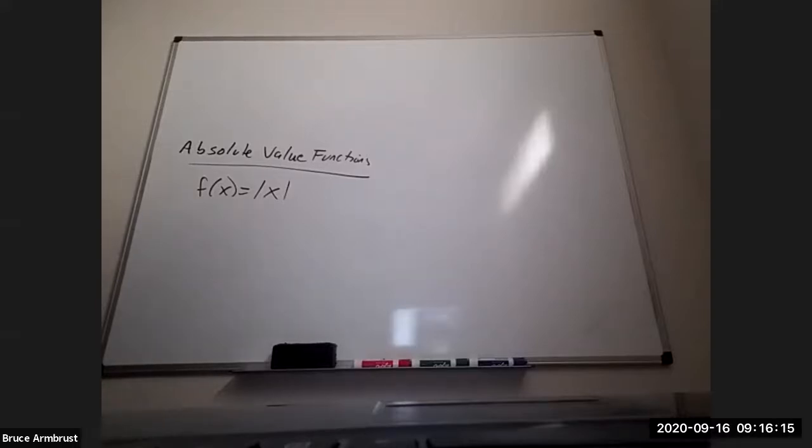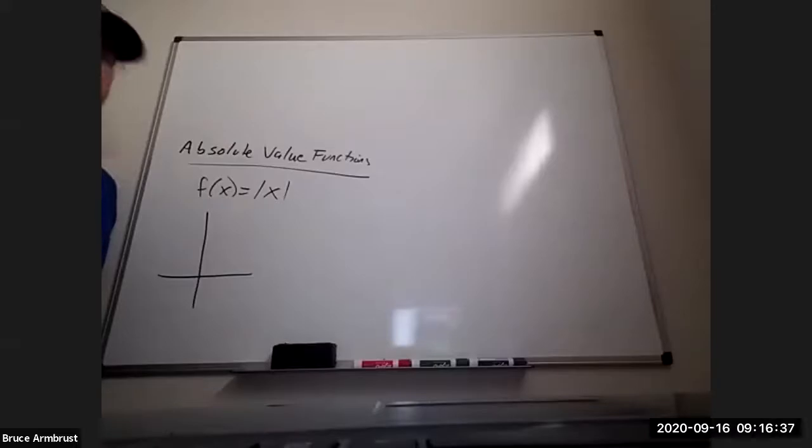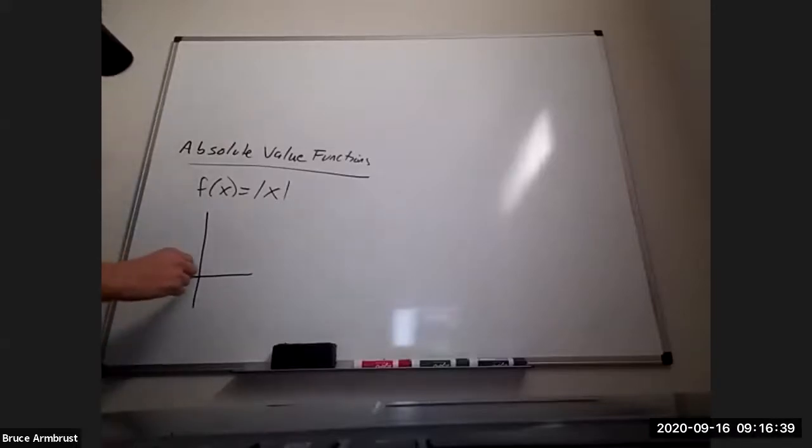So this is another one that when you see it, you should immediately be able to picture it in your mind. And I don't know if you guys can. Are you at that point? Anyone know what this looks like? Yeah, like the top of a Y from the origin. Okay, the top of a Y. I love this. Most people just call it a V, but yeah, we'll take top of a Y.